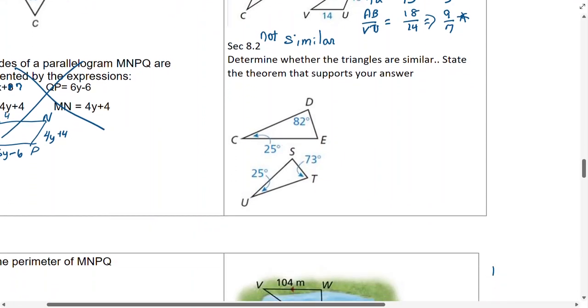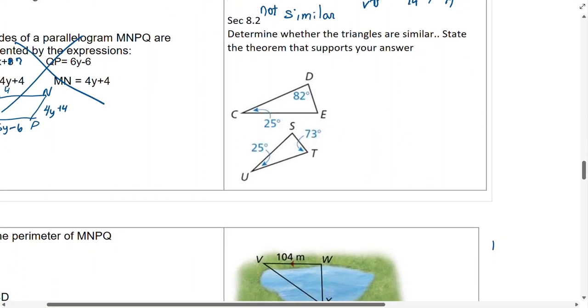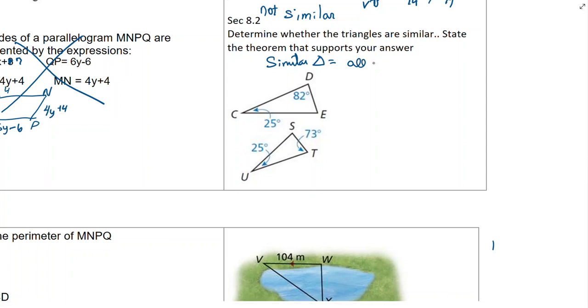All right, now we have this one with the test of the angles. In similar triangles, all pairs of angles are congruent.